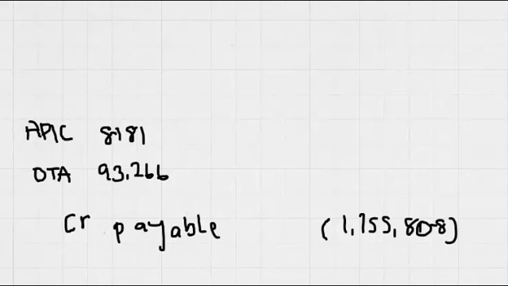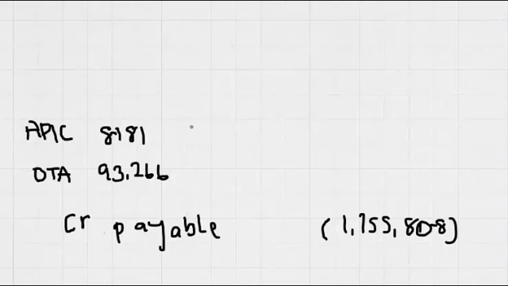Okay, and again, the APIC entry is just to account for our shortfall. We had a discrepancy between the amount of the DTA that we're reversing and the amount of the current deduction related to the option, so the remaining portion needs to go to APIC.